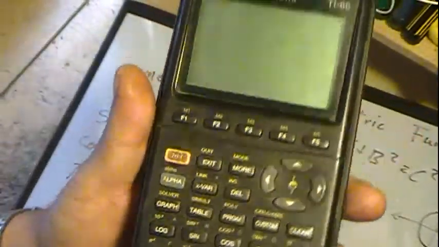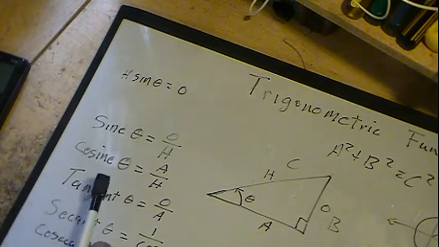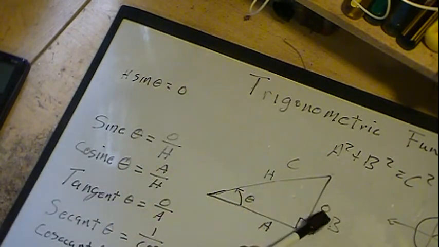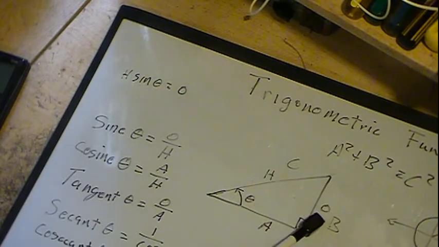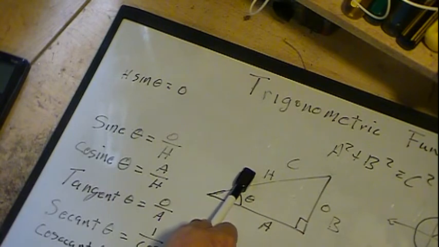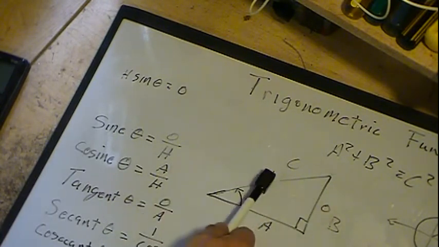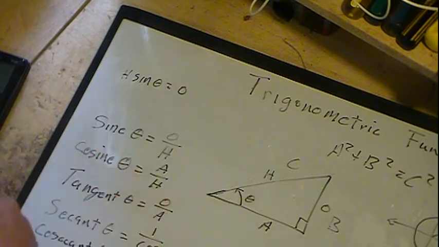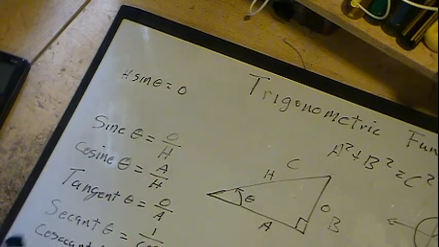Now what those are is inverses, and the proper name is arc sine, arc cosine, arc tangent. What you do with those, if you already know your ratio, say I knew this and I know this, I can do the division, then plug that in the calculator and use arc sine to find the angle. It'll give me the angle.